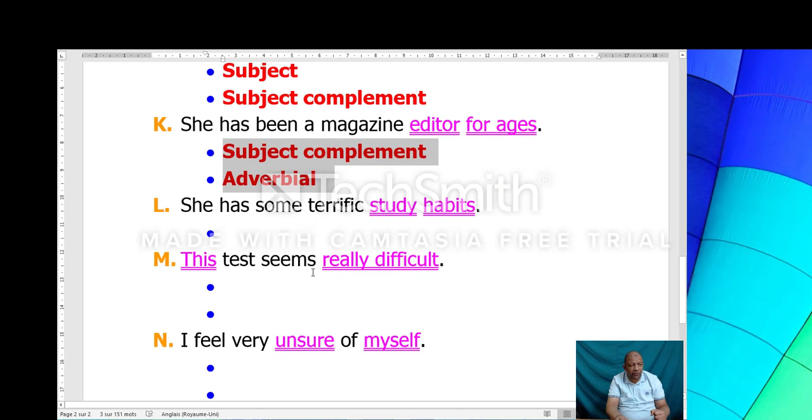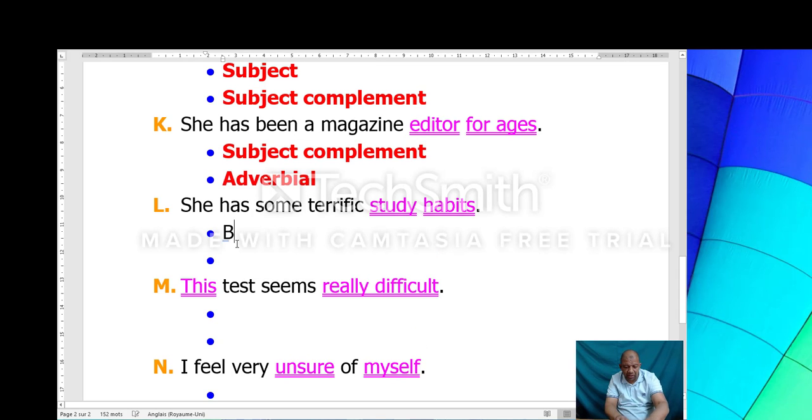She has some terrific study habits. So study is a noun and habits is a noun concerning nature. So bear in mind this rule.